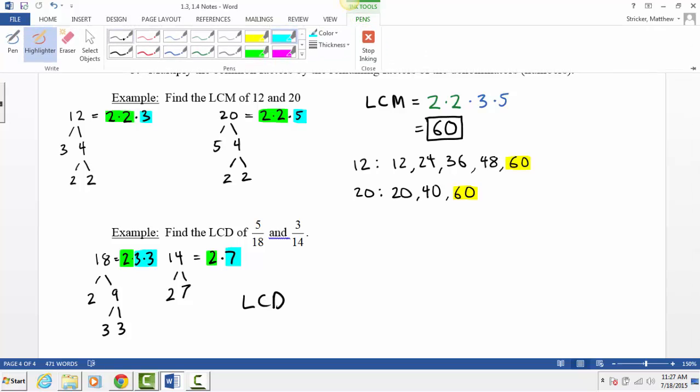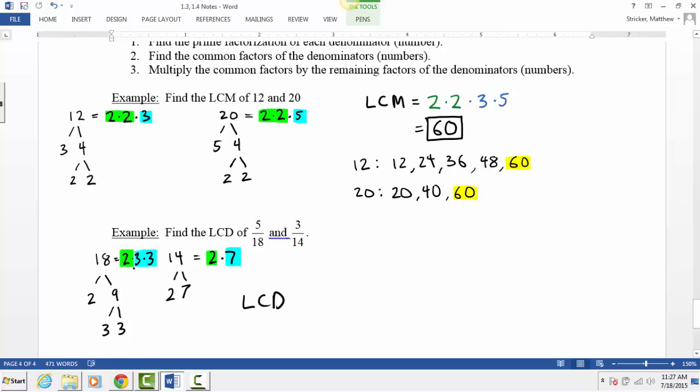So my answer is I'm going to take the factors that are the same, there's a 2, and multiply it by what's left in blue, 3, 3, and 7. This is a bit of a bigger number. I'm going to go ahead and multiply 3 times 3 first, which is 9. 9 times 7 is 63, and 63 times 2 is 126, the least common denominator. That's the smallest number that 18 and 14 both divide into.